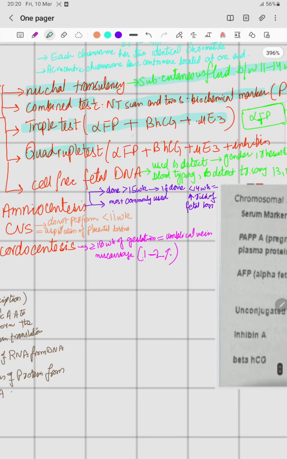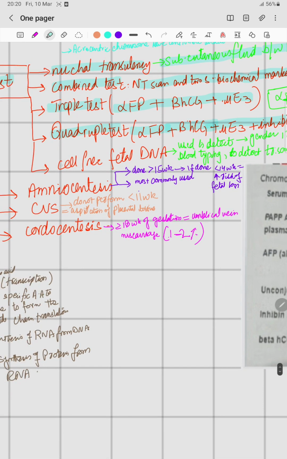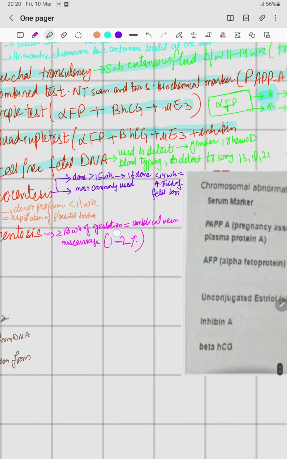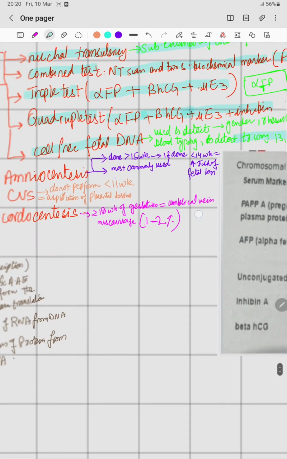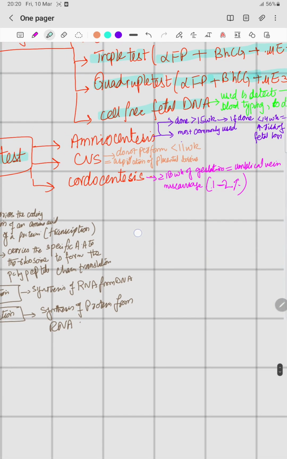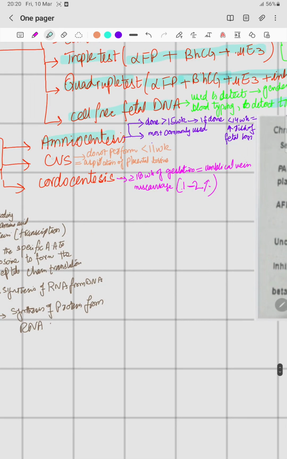Now the quadruple test includes alpha-fetoprotein, beta-hCG, estriol and inhibin, and cell-free fetal DNA. It is used to detect gender, rhesus typing, blood typing, and to detect trisomy 13, 18 and 21.